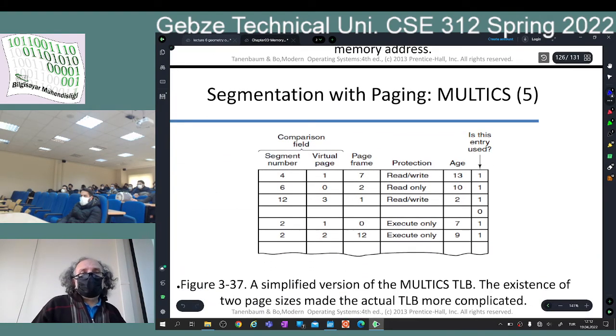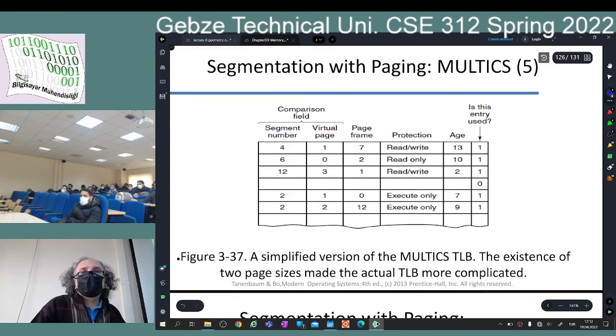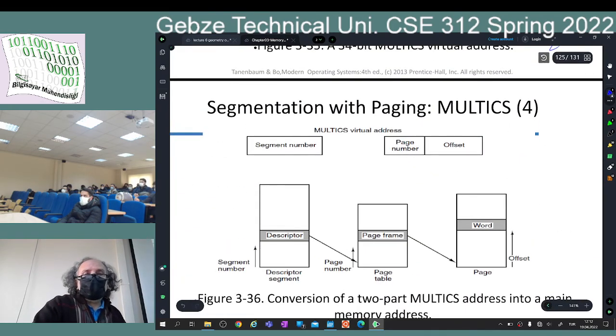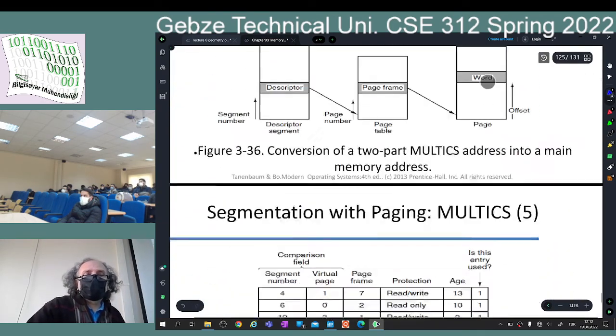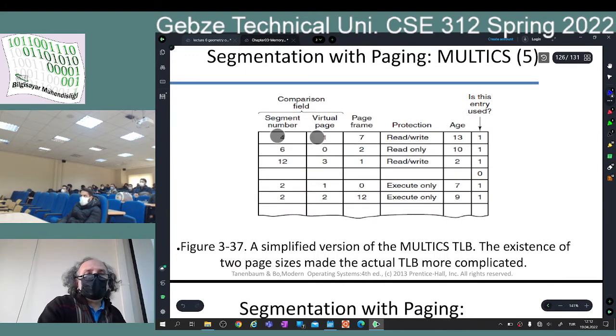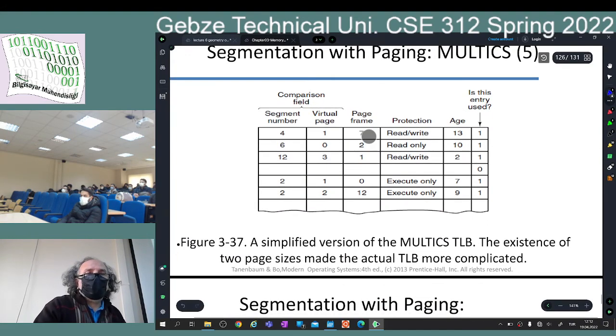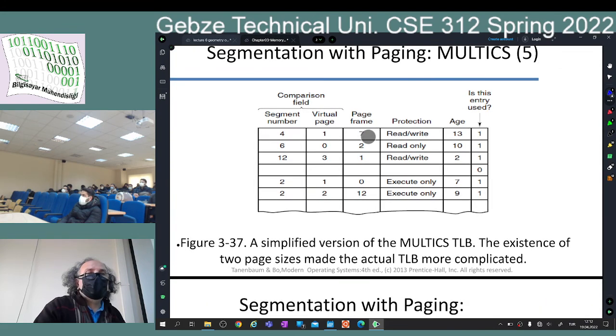And by the way, this is the structure of the TLB, translation lookaside buffer. Inside my TLB, you get the segment number and the page number. You look up the segment number and the page number. If it is in there, then you get your physical page frame.